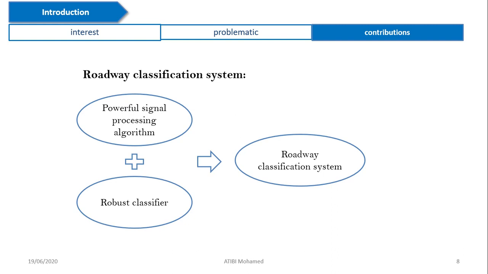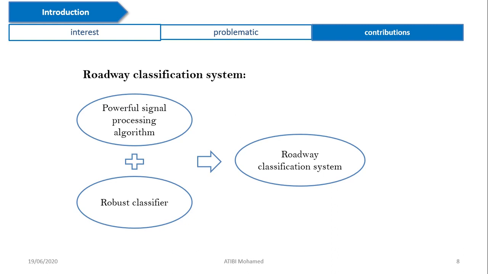Use of signal processing tools, which aim to extract adequate information from signals of the different roadway classes and to accelerate this process. Combining this signal processing algorithm with a high performance classifier to design a robust and fast roadway classification system. However, the properties of the artificial neural network require a powerful hardware implementation circuit. Hence, the use of a platform capable of implementing this artificial neural network and using parallelism in processing and reconfiguration.